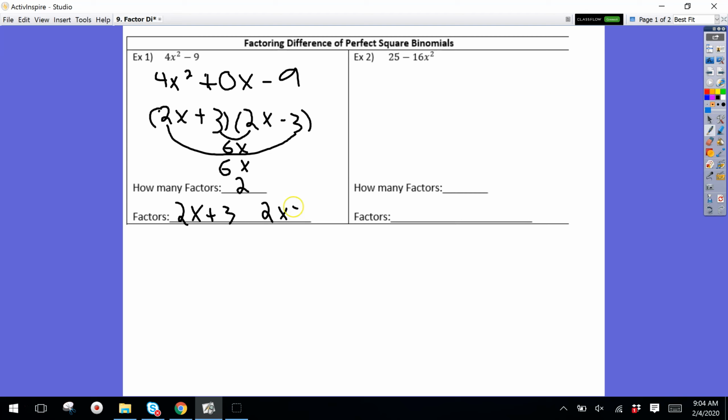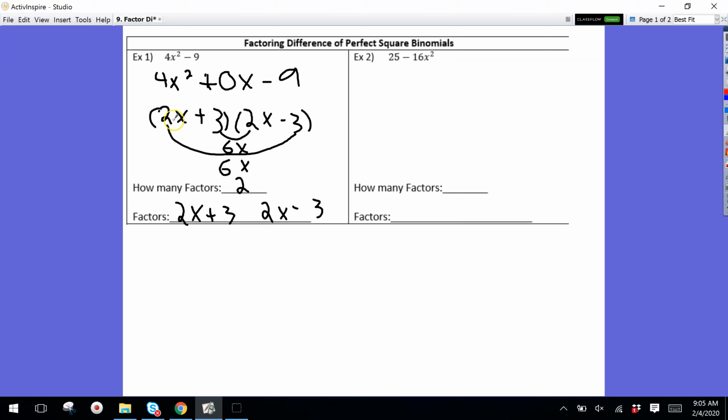Okay. Now, let's go ahead and do the second example. 25 is a perfect square and 16x squared is a perfect square, and it's the difference of two perfect squares. So I know I can factor this into something pretty much like this. But first of all, we need to write it correctly. The first thing that's wrong is that my x squared is at the end.